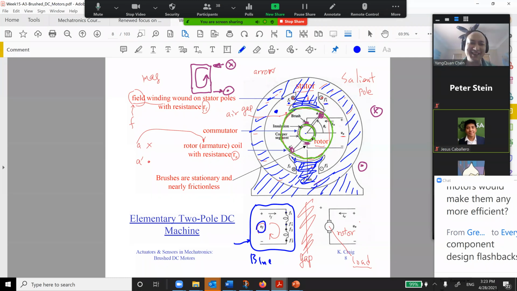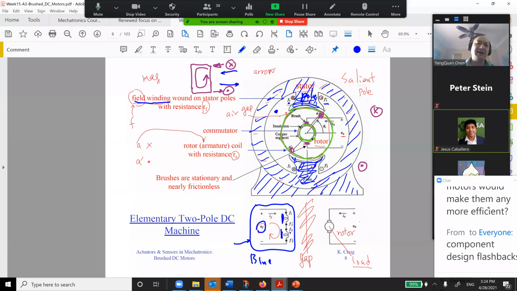As you look from here, this is in, this is out. The coils are connected from F1 to F1 prime, then F1 prime and F2 are connected, then F2 prime. So you have two coils, one on this pole and another on the other pole. By doing that, you generate the field winding.